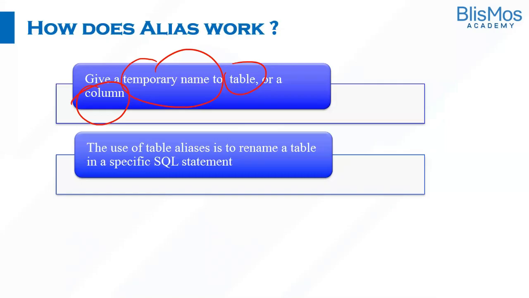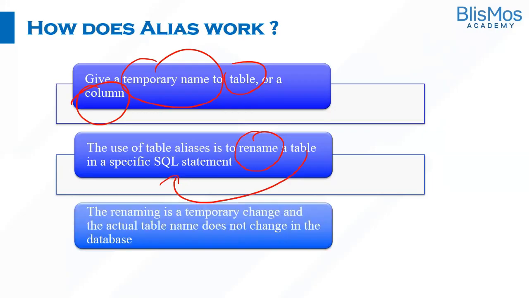So whenever you want to use aliasing on the table, you are renaming a table only in that particular SQL statement. As we already indicated, renaming is temporary. It is not permanent. The actual table name does not change in the database. It is effective only in the context of that SQL query.